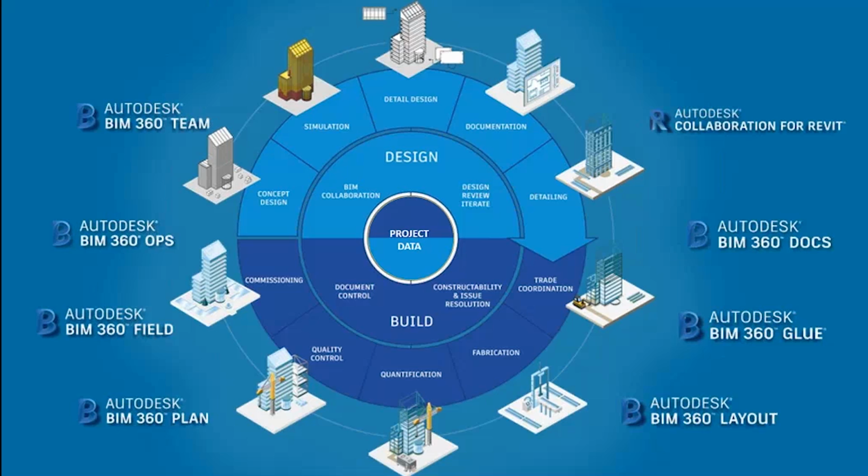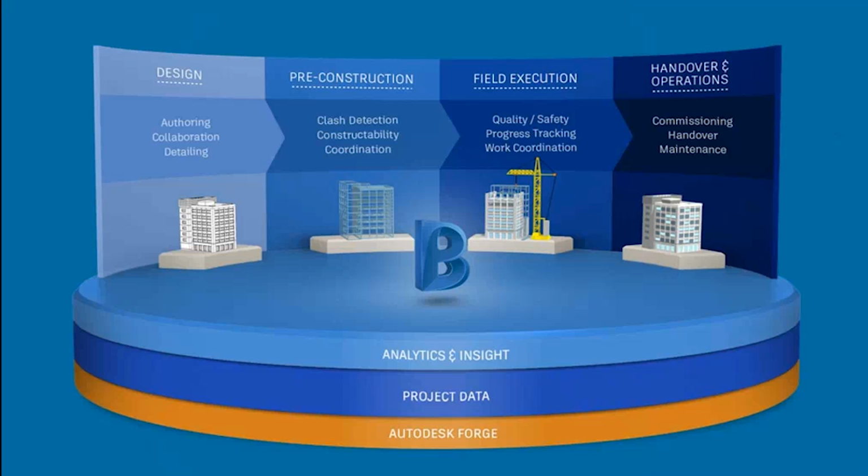The difference between what this presents at the moment and what we have moving forwards is really represented by this slide, where we start with the very base, Autodesk Forge. This is the platform that everything has been built upon. So the BIM 360 design, the pre-construction, all the way through, these are all built on a single platform.